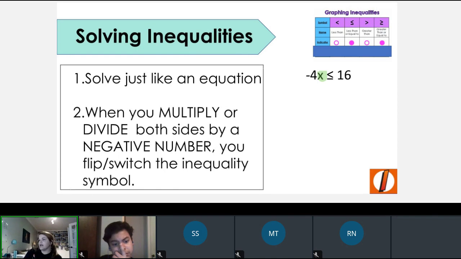This says -4 times x is less than or equal to 16. So what's happening to x? It is being multiplied by -4. So to undo multiplying by -4, I'm going to divide everything by -4.